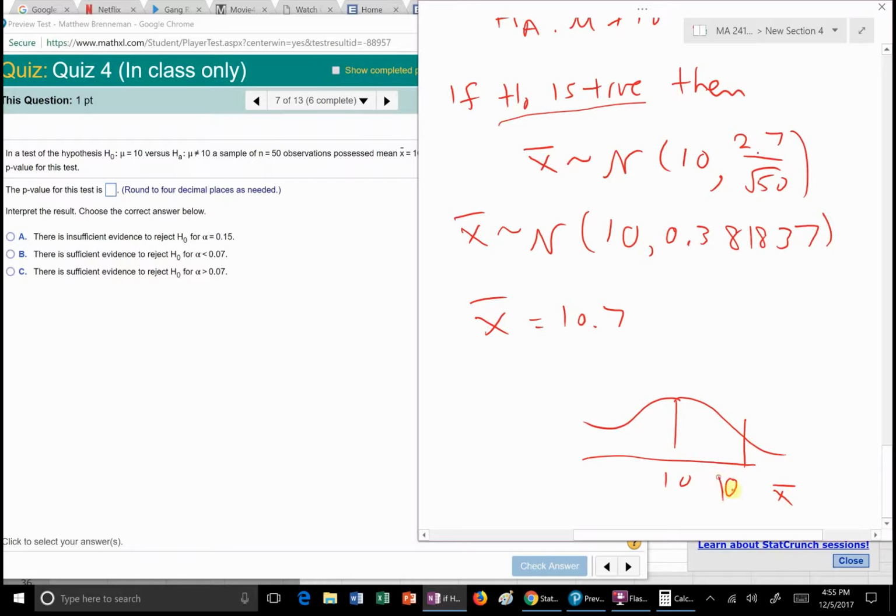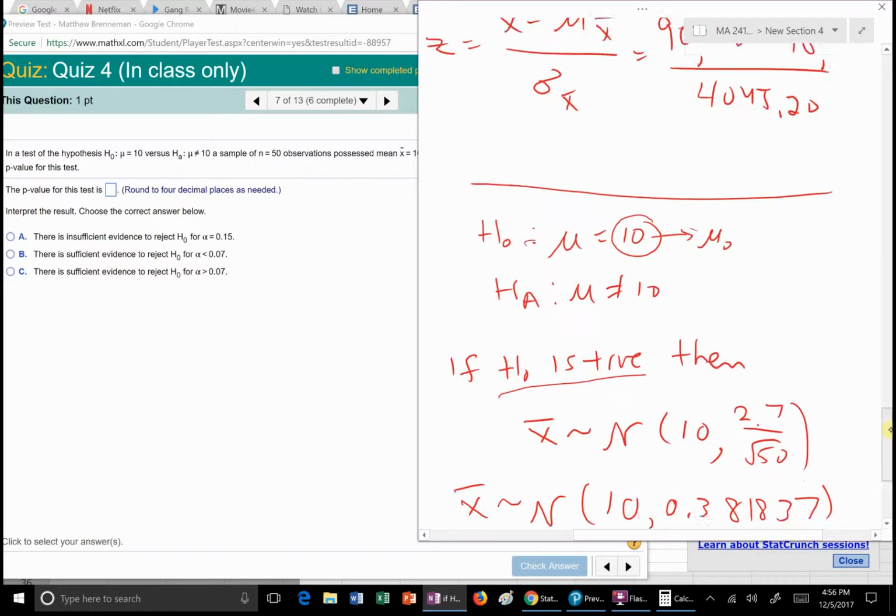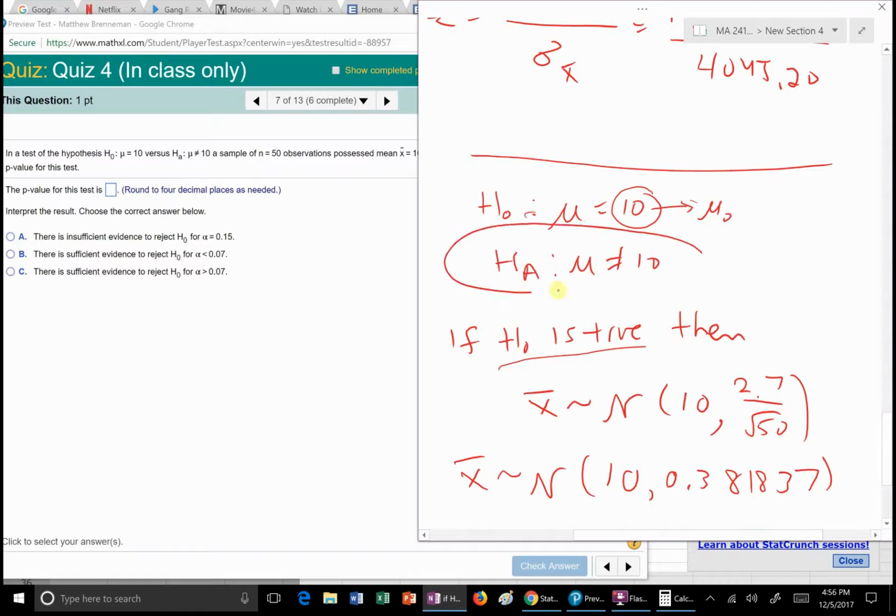Here's my value, 10.7. The probability in the tail, I'm going to have to multiply it by 2. That's going to be the p-value. Okay? Because why? Because I'm looking at both tails when the alternative is that they're not equal. Okay? I'm computing the probability in both tails.